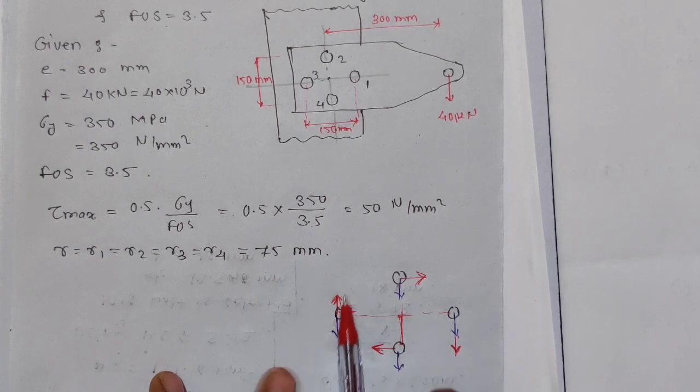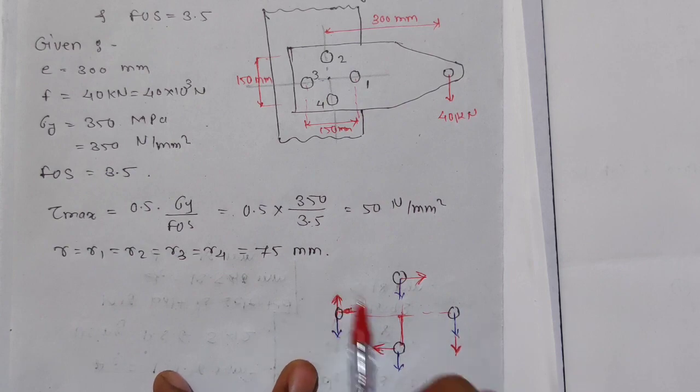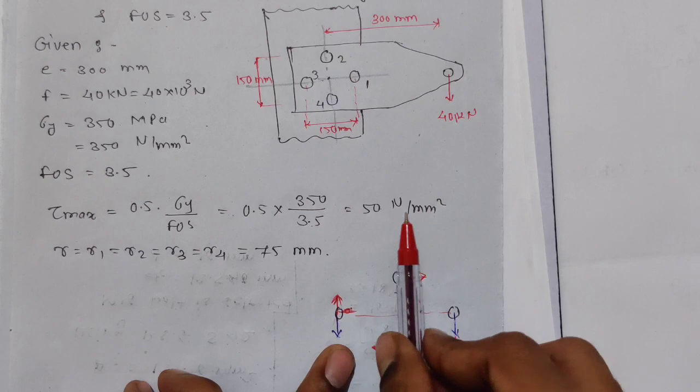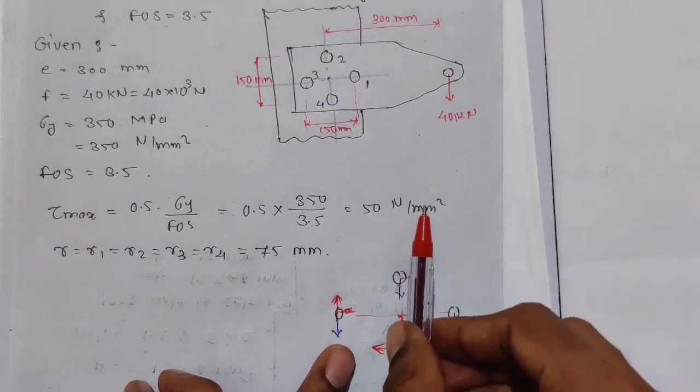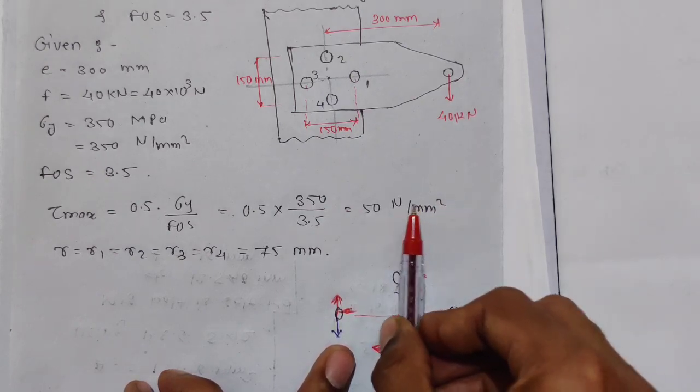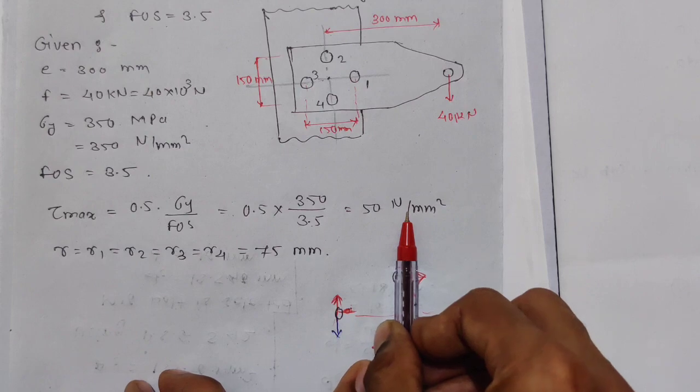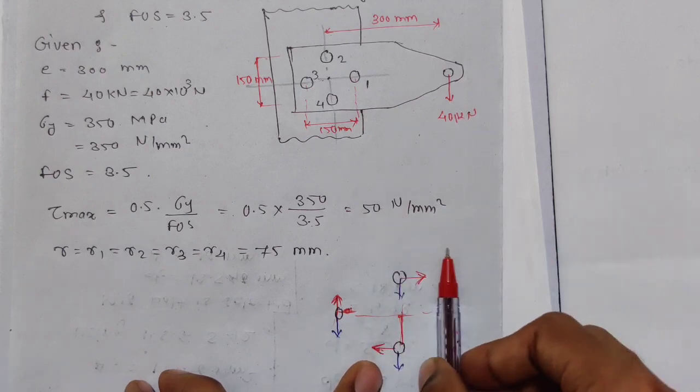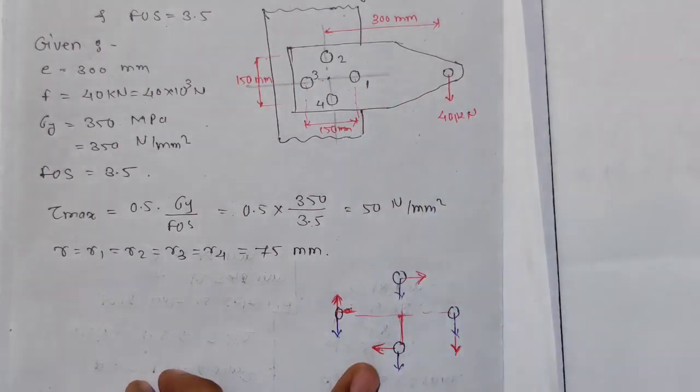Now you can see over here this load is positive, as I am considering downward load as positive, so this one is negative. So you don't have to consider this. We have to consider the bolts which lie on this axis and which are on the right side of this axis, because the load is at the right side. So we have to consider these 3 loads.